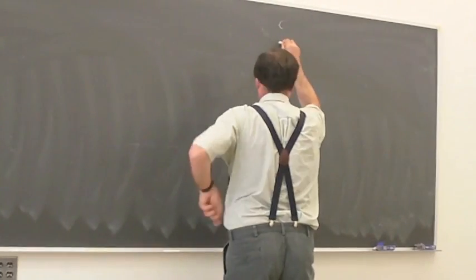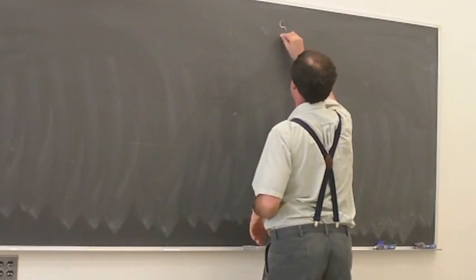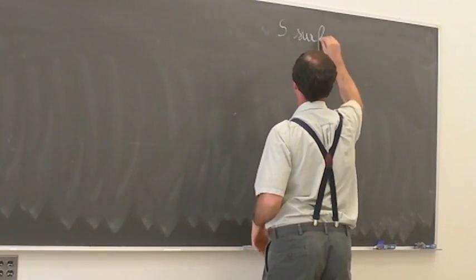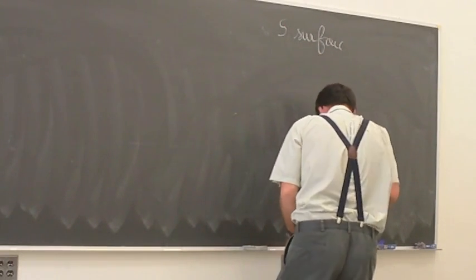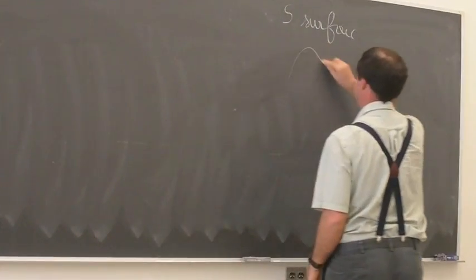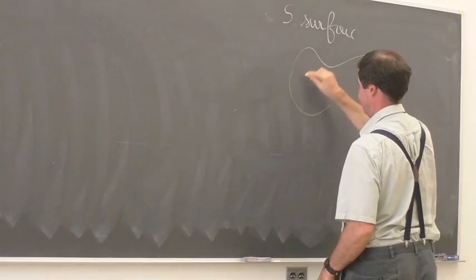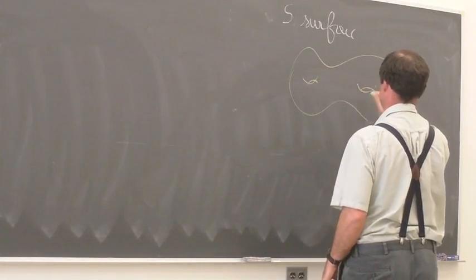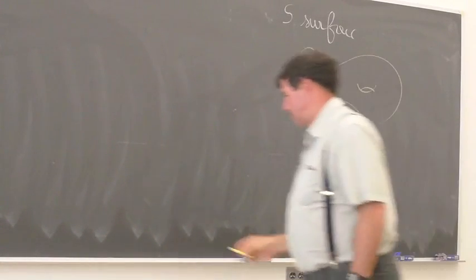So the first one is a surface. Something which looks like this. Orientable, or does it matter? It doesn't matter.